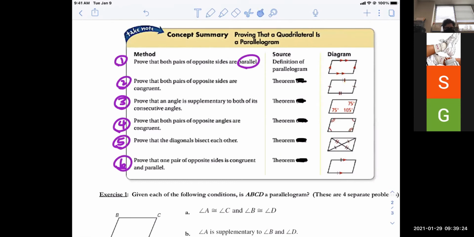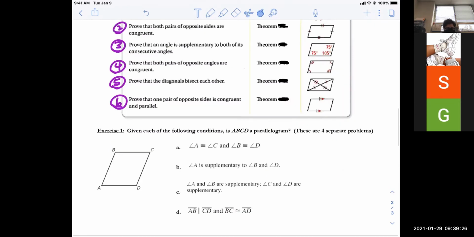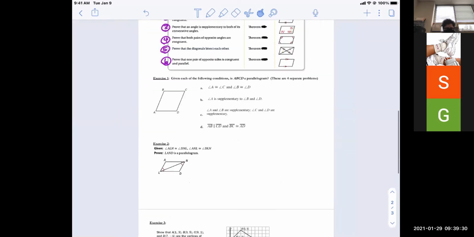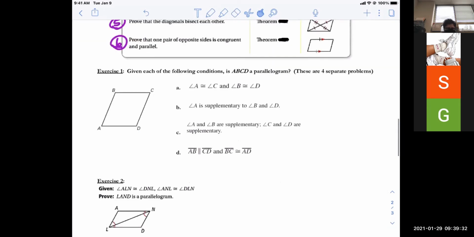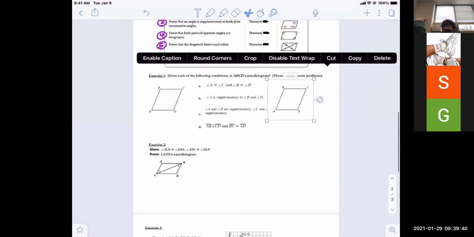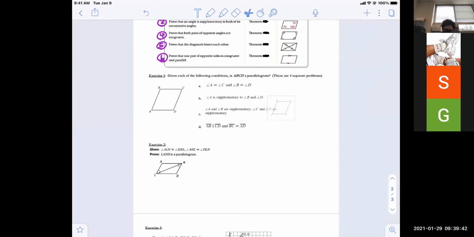Okay, given each of the following conditions, is ABCD a parallelogram? It might be a good idea to make copies here.